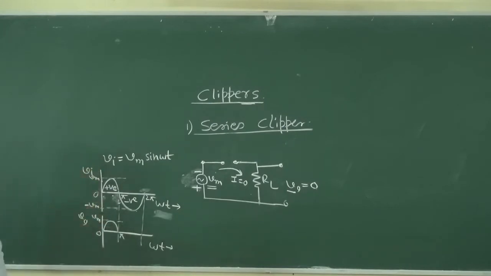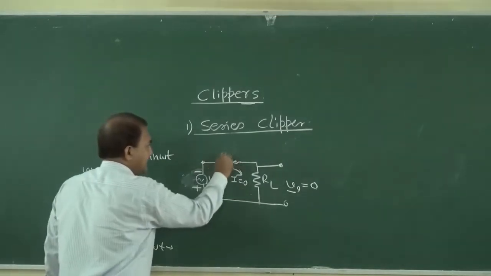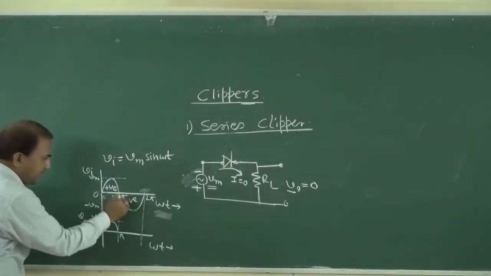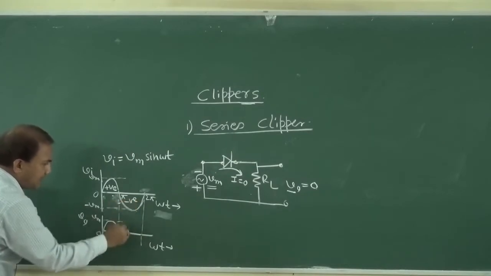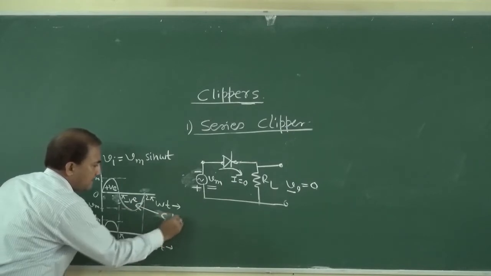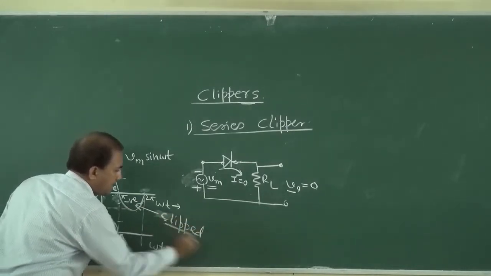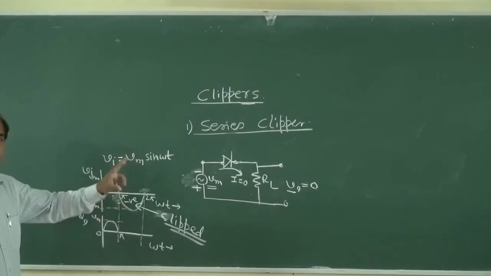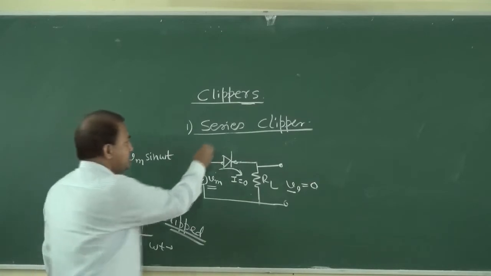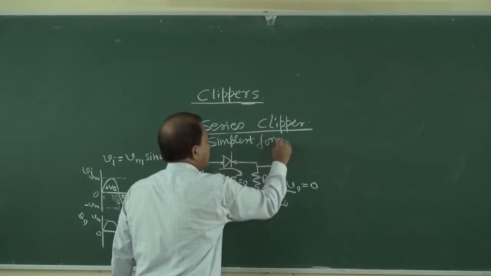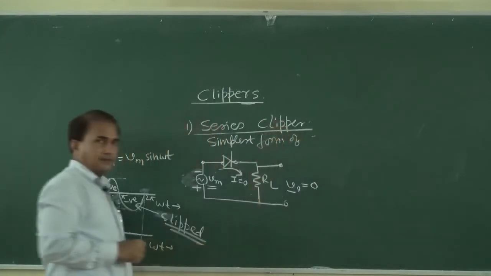What we have seen is that by using this circuit, the complete negative part is clipped. This part is clipped. So this is one form of a clipper circuit, the simplest form of clipper circuit.